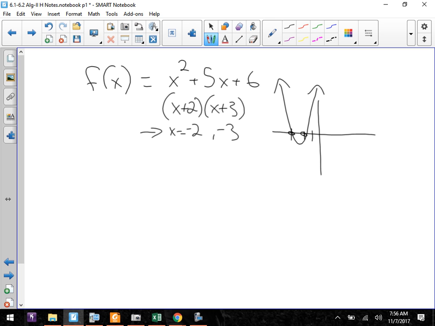Now, what's going to happen eventually, we have n, so this is an nth degree polynomial.